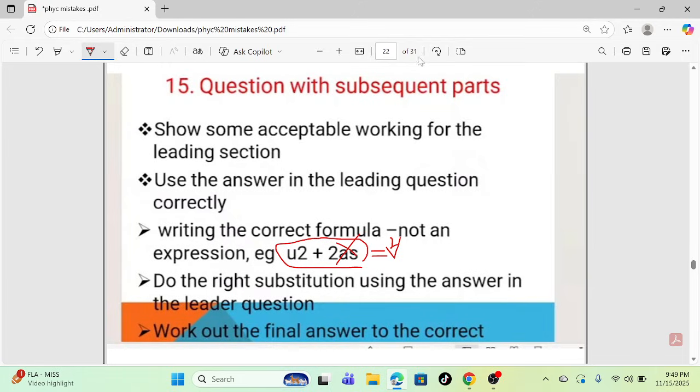So what do I mean by this? For example, question A, section B. For example, you made an error in A. Then for B, the answer of B needs you to use what? The answer, or figure, you got from A. Just use your own figure.